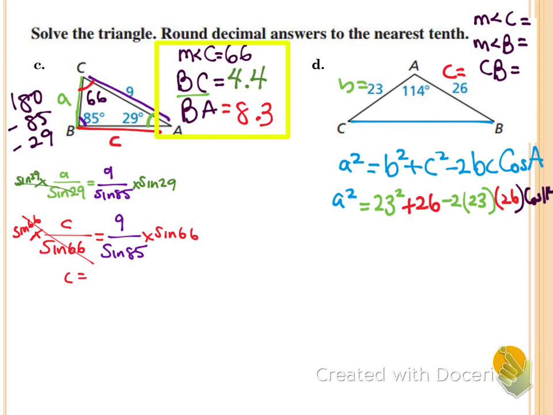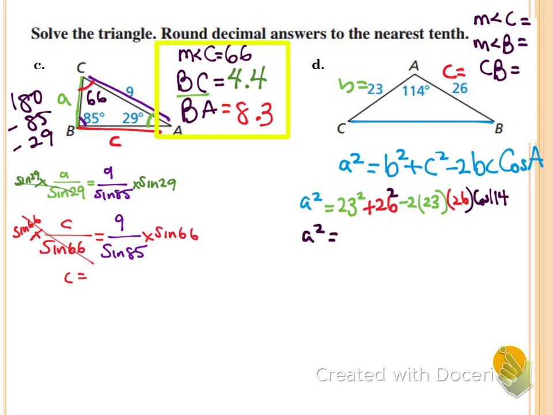Sorry, I ran out of room. So 23 squared plus 26 squared minus 2 times 23 times 26 cosine of 114. We get 1,691.4570025.